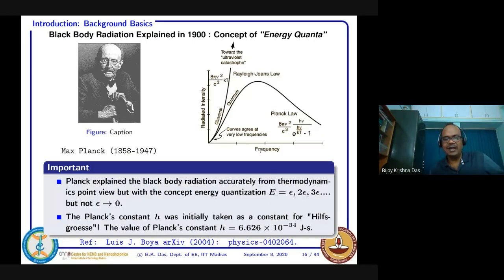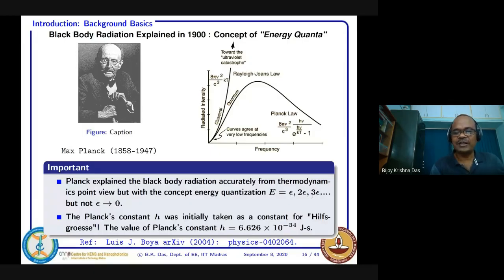While modeling, he found he had to consider that the energy for a certain frequency increases not continuously but as epsilon, 2 epsilon, 3 epsilon. Epsilon is a constant. It can be very small, but not tending to 0. Obviously not equal to 0. It has to be that way.